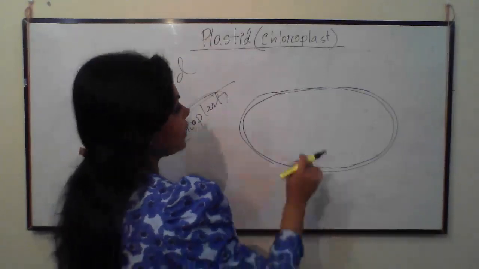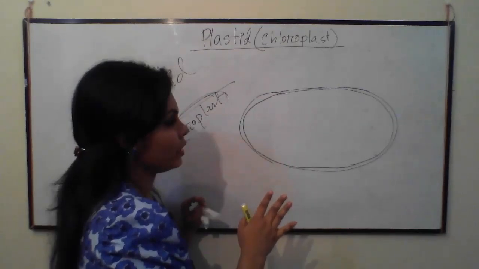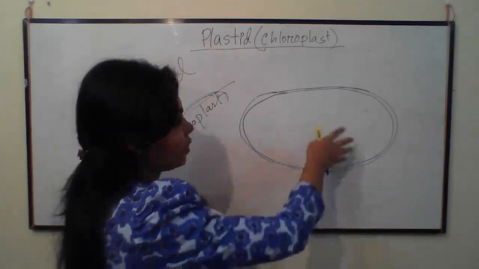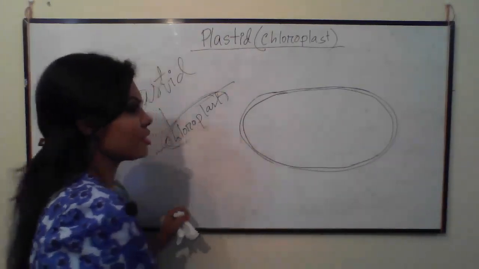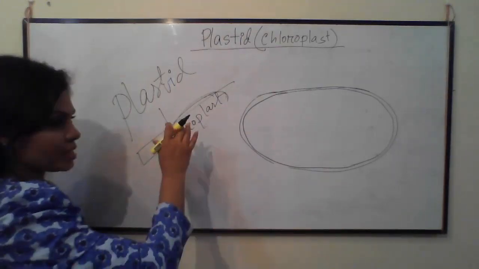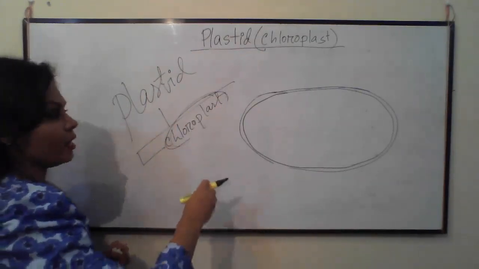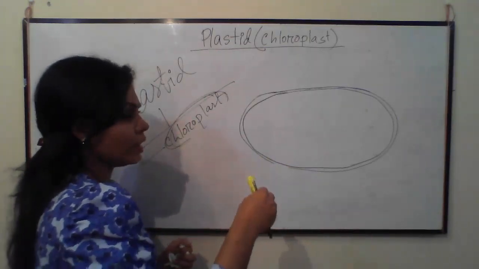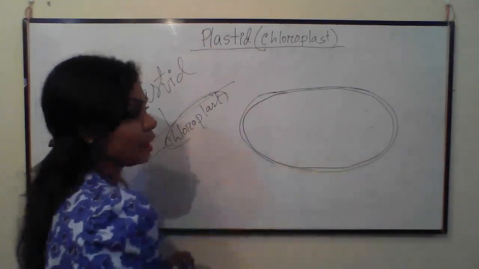Now, see, chloroplast has an ultrastructure, some more parts inside the chloroplast. The thing is very interesting: chloroplast is one kind of plastid, and plastid is an organelle of plant cell. In chloroplast, the knowledge is not limited to this. We have to know there are other structures inside the chloroplast.